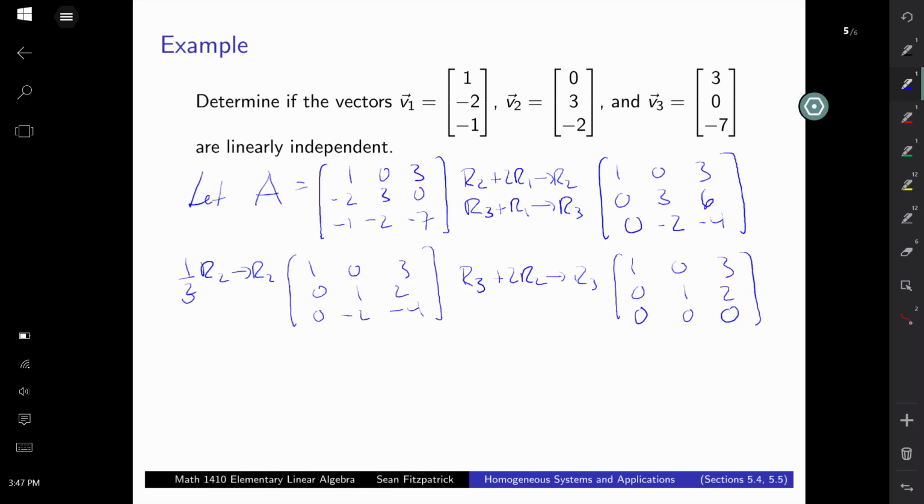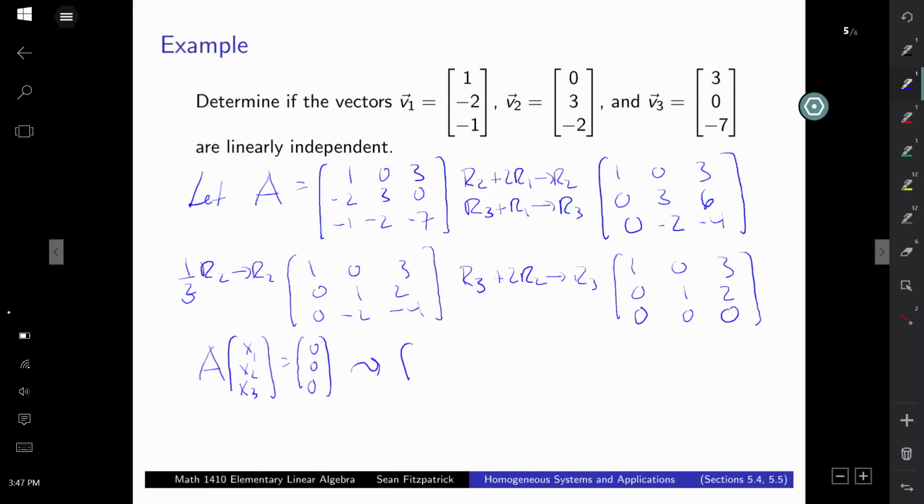Now, if we were solving this equation, A times x1, x2, x3 equals 0, 0, 0, that's essentially the system.